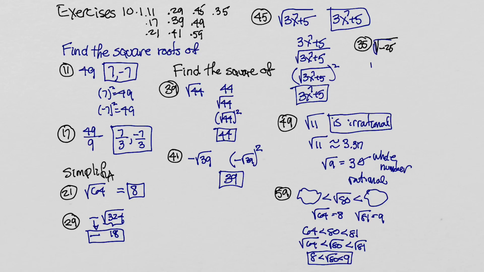So I'm going to write not a real number. We don't take even roots of negative numbers. If I put a negative in here and square it, I'm going to get positive. And there's no way I can take a real number, square it, and get a negative number. So the square root of a negative number is not a real number.